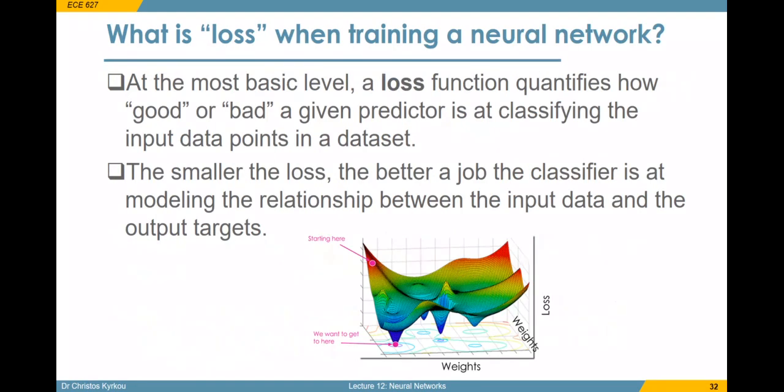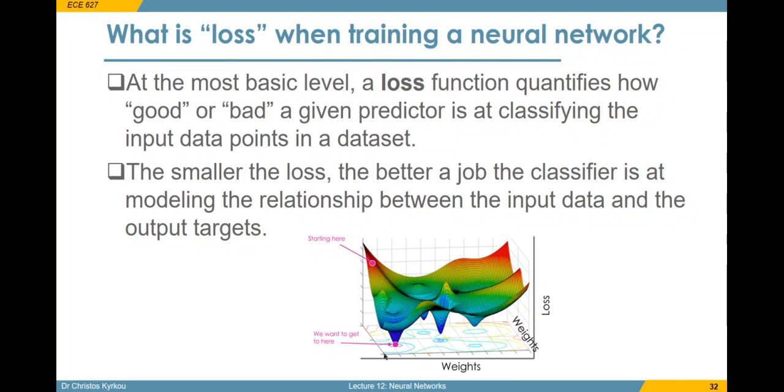So this is an example of a loss function, given with respect to the weights. In this case, we have two weights, and you can see how the values of the different weights influence the value of the loss function.